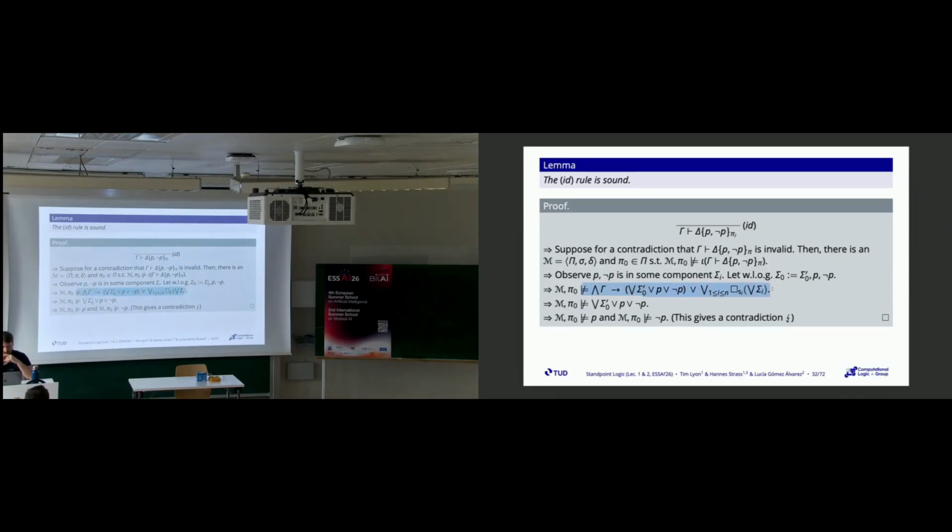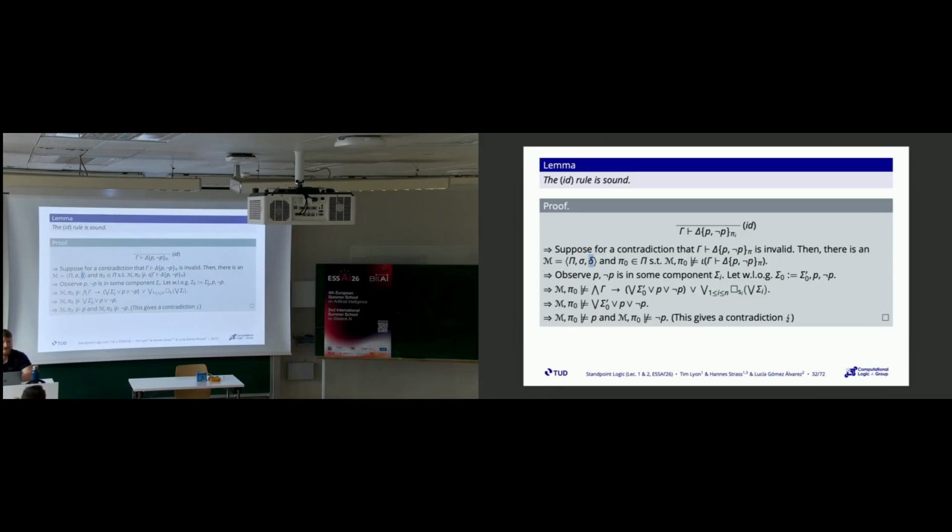And since this is an implication which is falsified, it follows that the left-hand side is true and the right-hand side, the consequent, is false. Therefore, this disjunction on the right-hand side is false. And from this, you can conclude that both P and not P must be false on M at pi naught, right? Which cannot happen in standpoint models, because the function delta essentially maps every propositional atom to some precisification, or it doesn't map it there.